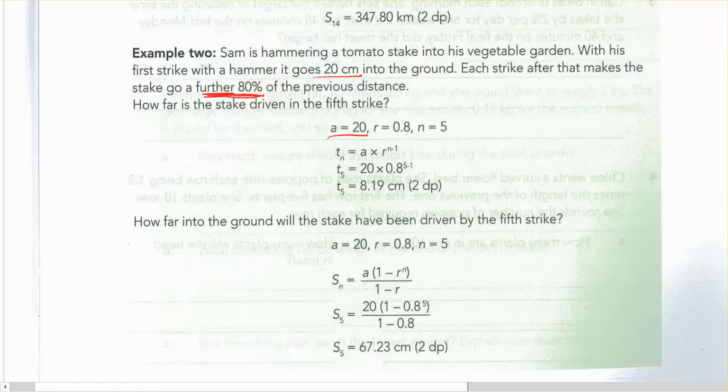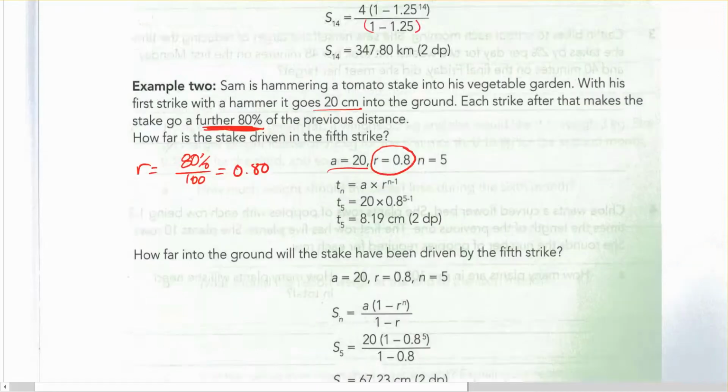But that 80% is just going straight to the R value. So here we're not increasing by 80% or decreasing by 80%, it just is 80%. And if it is a value without increasing or decreasing, you have to remember to just convert that percentage to a decimal. So 80% divided by 100 is going to get you 0.80, and that will be your R value.